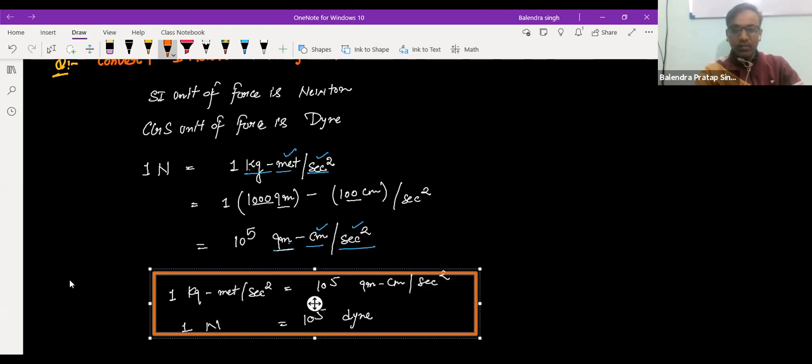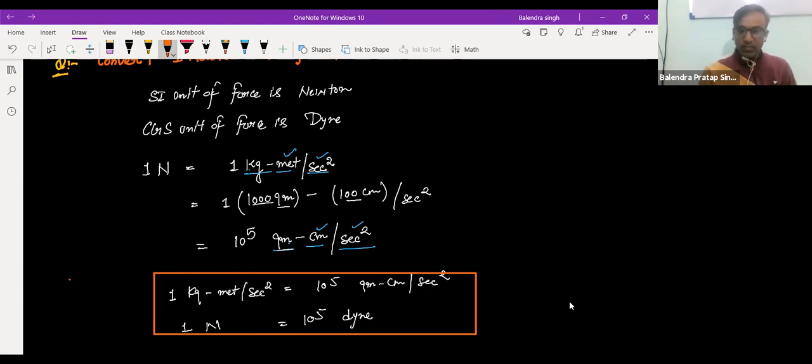Take a note. 1 Newton is equal to 10 raised to the power 5 dyne. So this is another example, another application of dimension analysis.